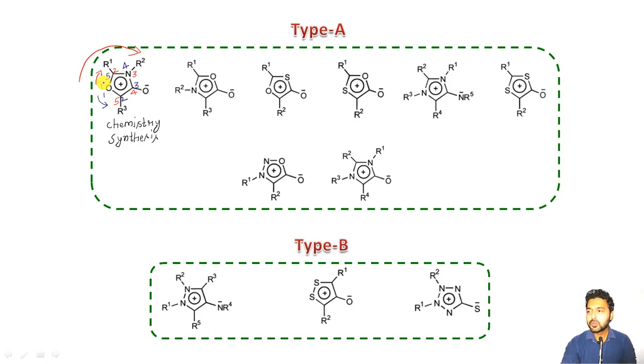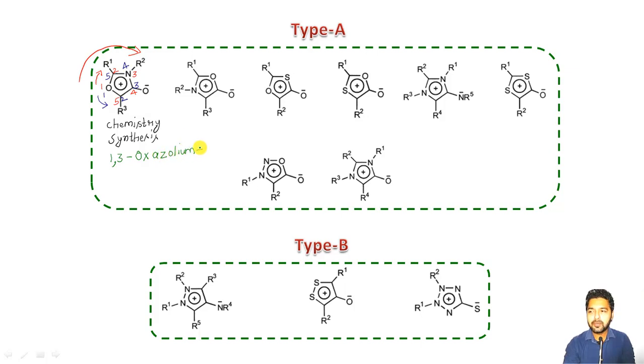Okay, so the name of this type A mesoionic heterocycle will be what? On 1 we are having the oxygen atom, so it will be ox. On number 3 we are having a nitrogen atom, so we call the nitrogen aza, or azolium.